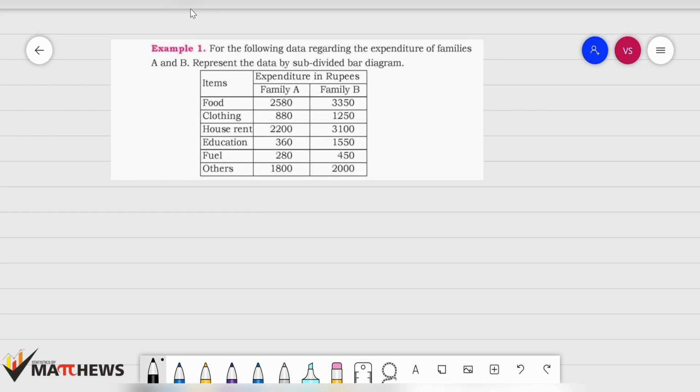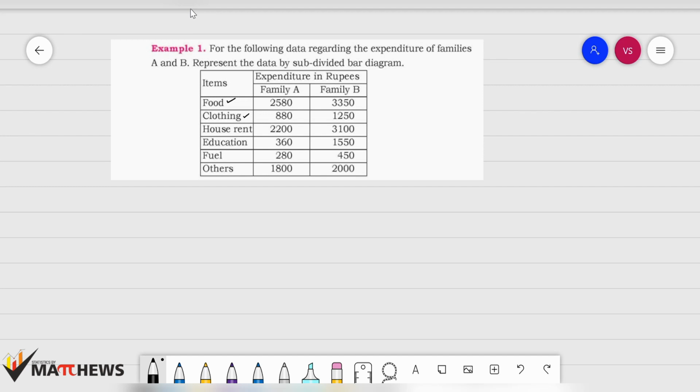For example, family A spends on food 2,580, family B spends 3,350. Like this, they have given their expenditure. These are the different categories of their expenditure: food, clothing, house rent, education, fuel, and others.